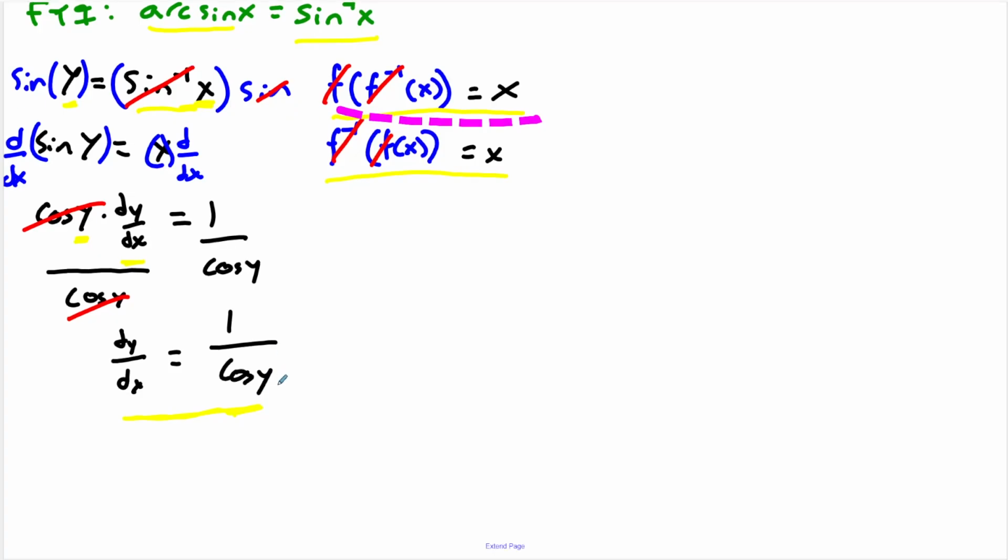And what I mean by that is, we want to get this in terms of x. So, cosine of y, how do we find that? Well, we want to go back to this relationship here: sine of y equals x. Sine of angle y equals x over 1. Let's draw a triangle.